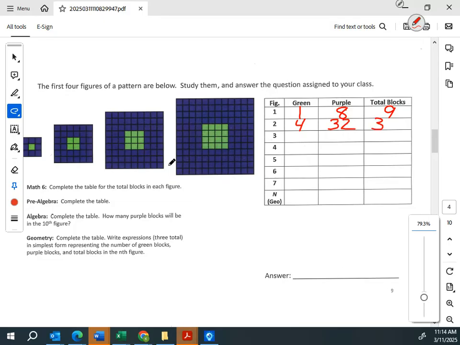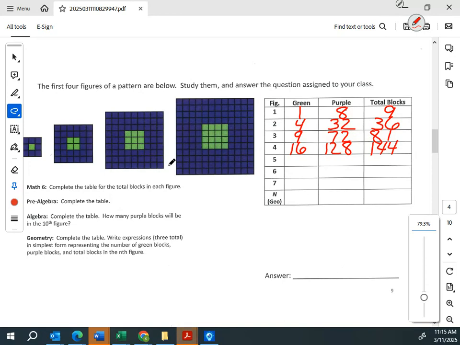And so there's 36 altogether. In the third figure, we've got 9 green and 72 purple. So we have 81 total. And in our fourth figure, we have 16 green, 128 purple, 144 total.